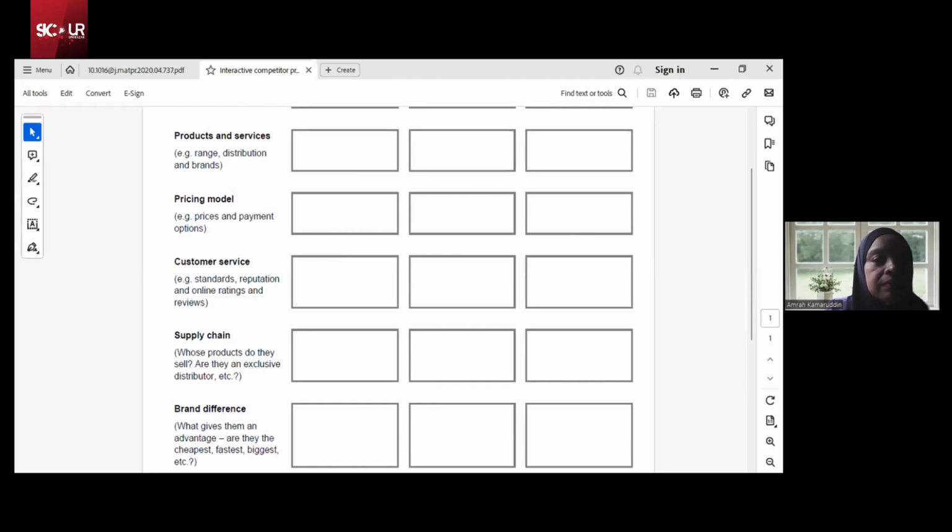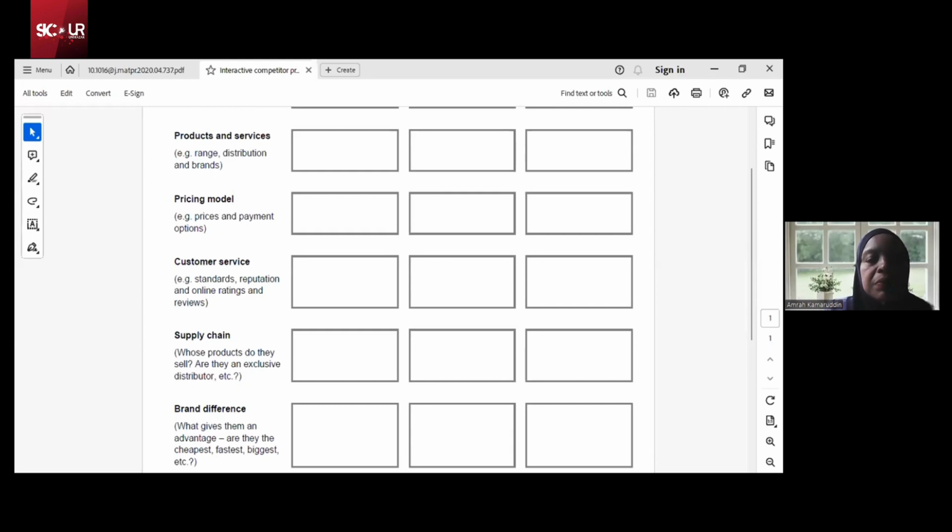So the competitors, let me draw, not to say draw, a table. Insert table. Here's my table. Okay, 1, 2, 3. Just put here.